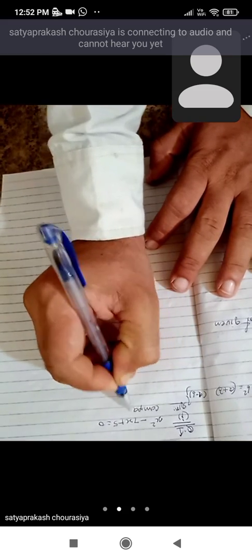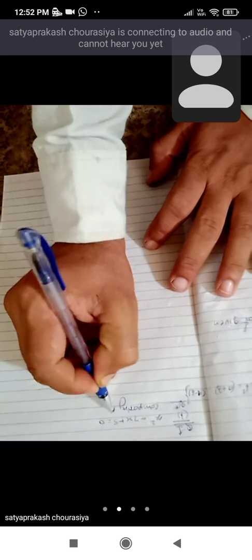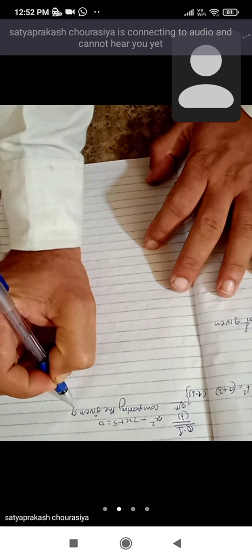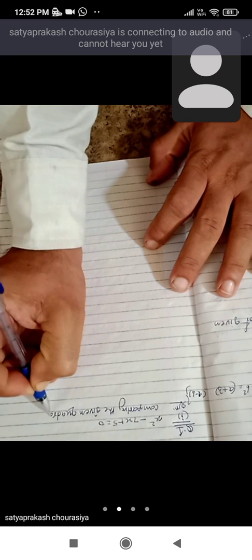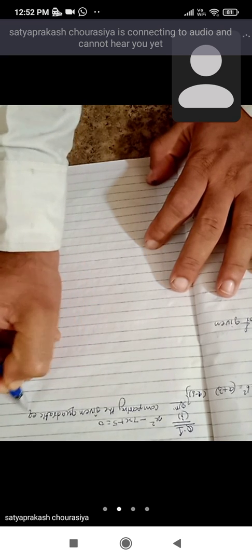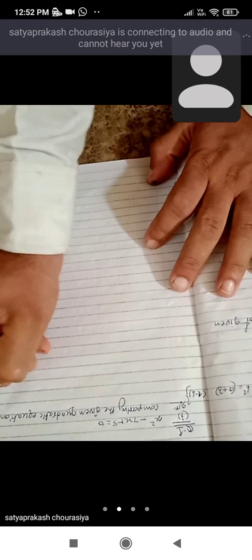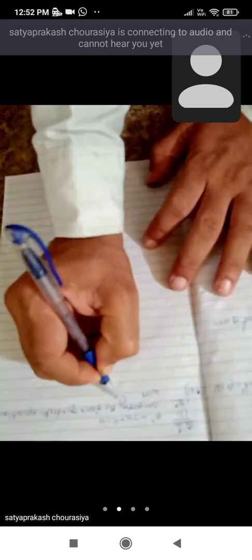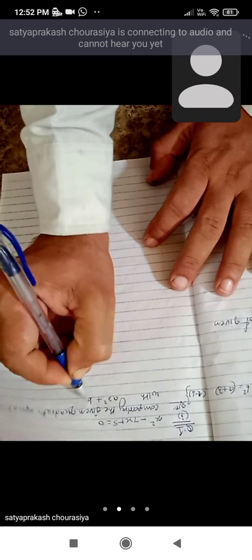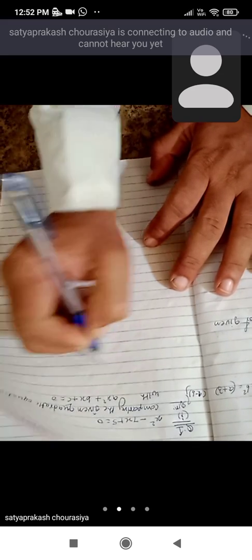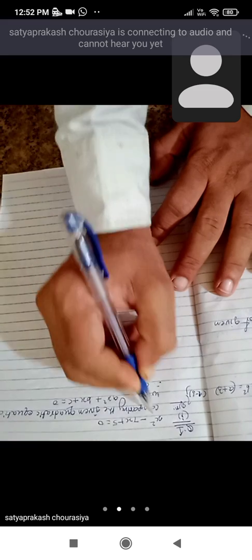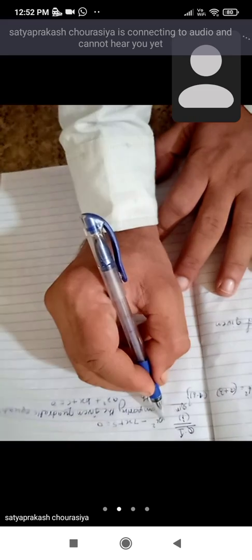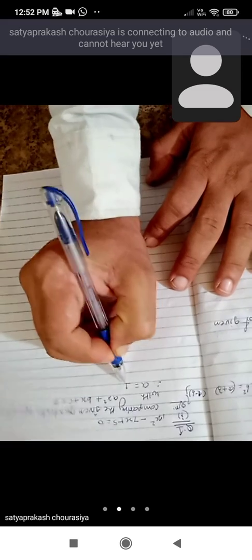Comparing the given quadratic equation with the standard form, ax square plus bx plus c is equals to 0. So therefore a is equals to what? A is the coefficient of the square term. So here the coefficient of the square term is 1.